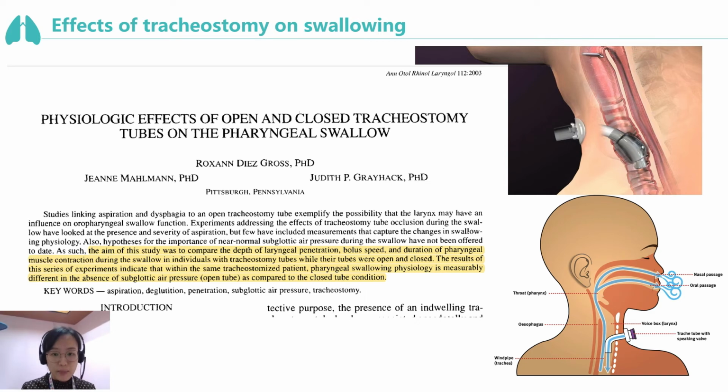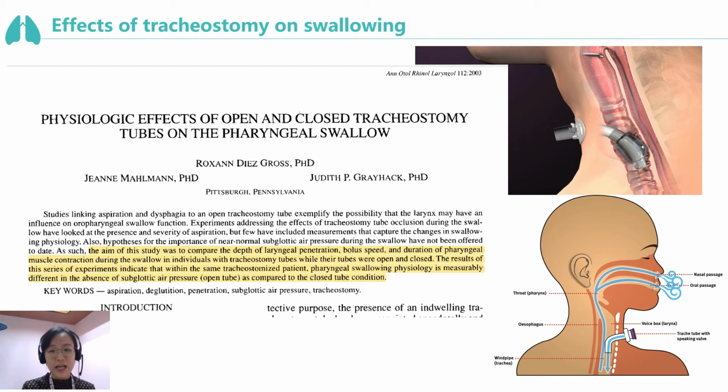Okay, so I believe this diagram up here is a cuffed tracheostomy without the speaking valve. So it's an open tracheostomy. And in the diagram below, as you can see, there's a speaking valve attached at the tracheostomy.